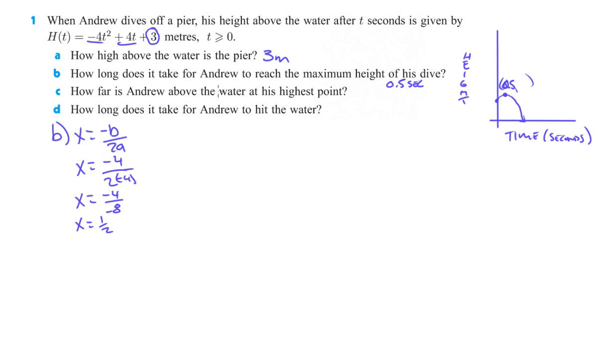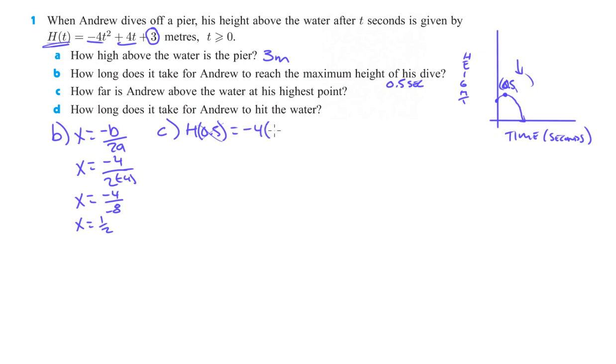How far is Andrew above the water at the highest point? That's going to be this y coordinate. So we just plug our 0.5 into this equation and see what we get. Remember, this 0.5 does not get multiplied by the height, so most people elect to leave that off. I like to have it in there because it tells me what I'm finding.